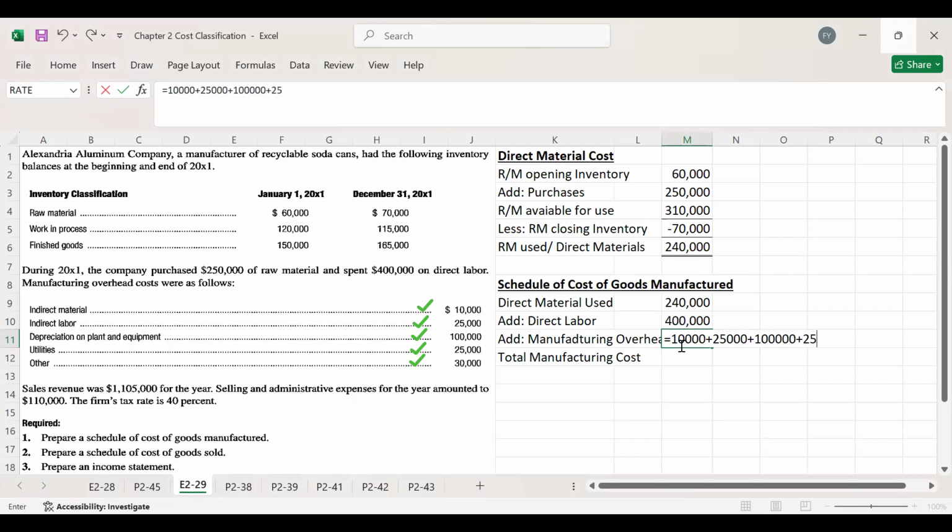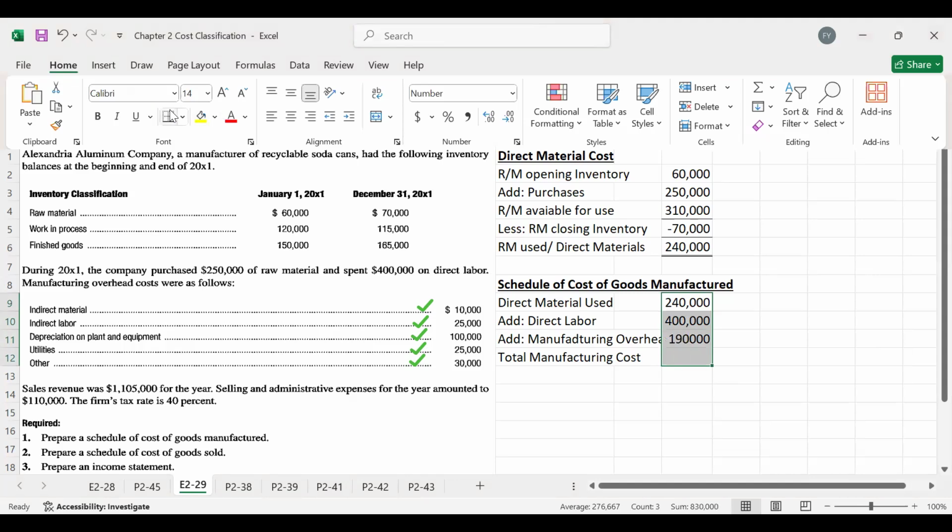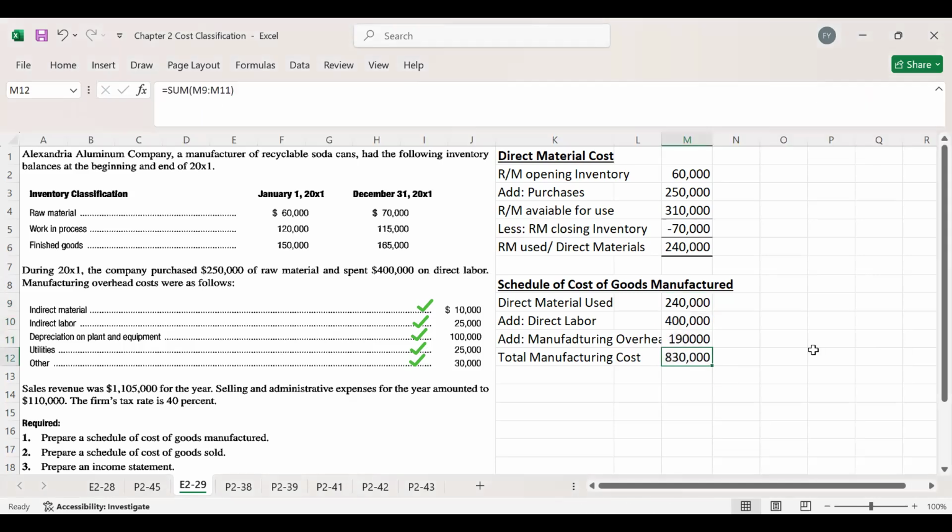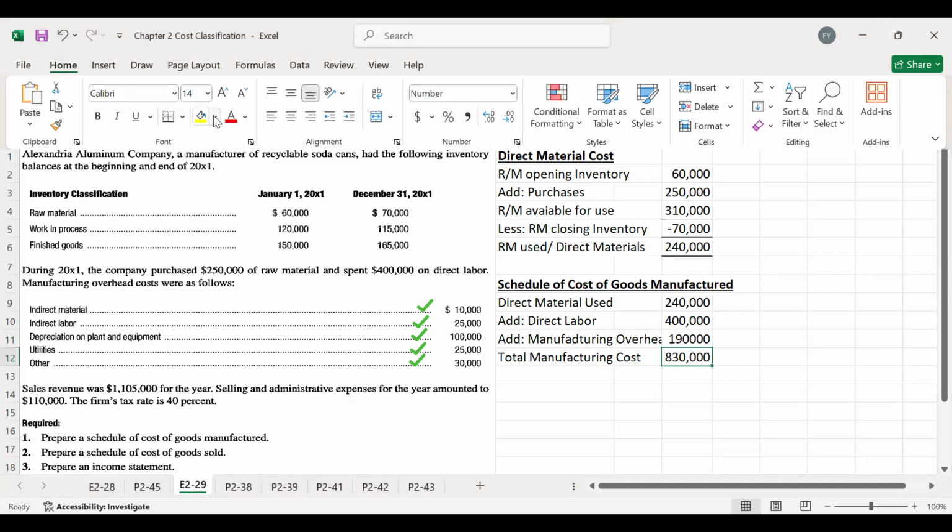Then when we add 25,000, and in last we have 30,000 of other MOH. So 190,000 is your total manufacturing overhead. So by adding all these three, we get total manufacturing cost, which is 830,000. So this is your first calculation, which is total manufacturing cost.